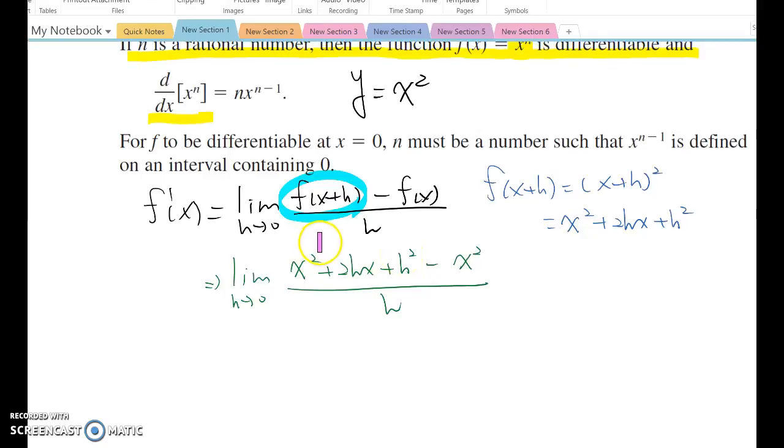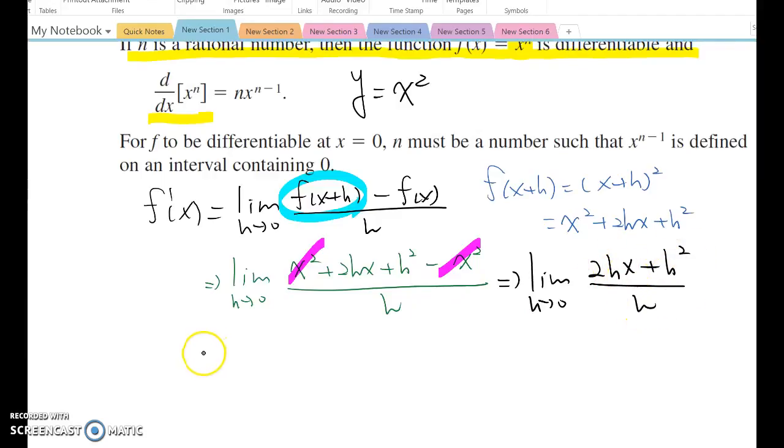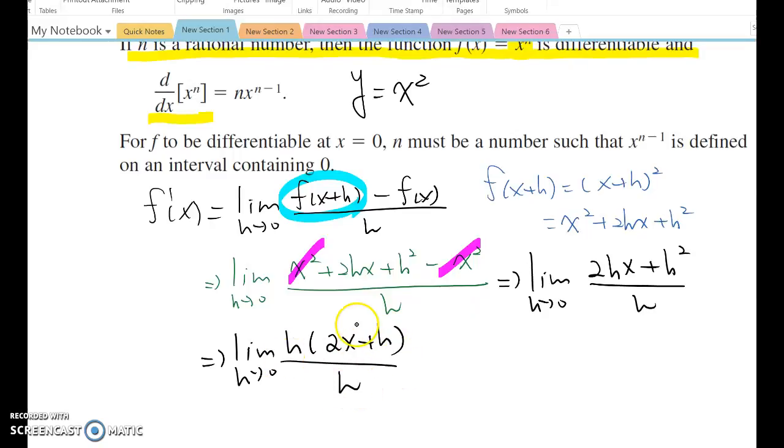Therefore, you can cancel out this and this. So it is going to be the limit as h moves to 0 of 2hx plus h squared over h. So you just factor out h, then it's going to be h times (2x plus h) over h.